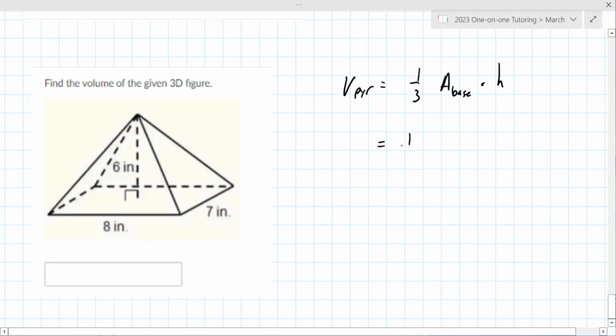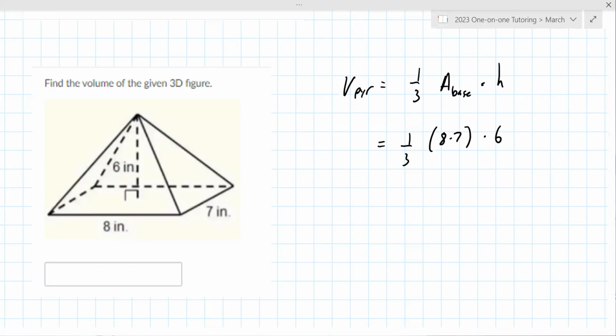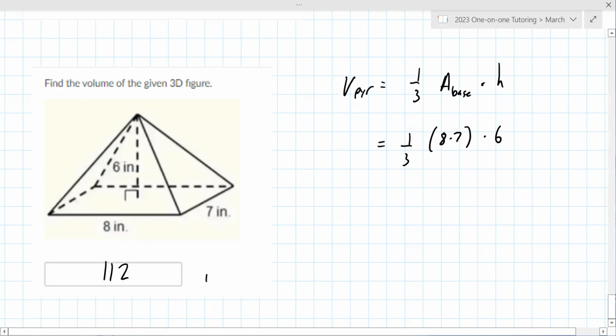So the base in this case is a rectangle, the thing that it's sitting on. The area of that is 8 times 7, and the height is 6. Okay, so if you want to go ahead and calculate that for us, please. I got 112. Yes. Inches cubed if you need that, but probably just need the number for this.